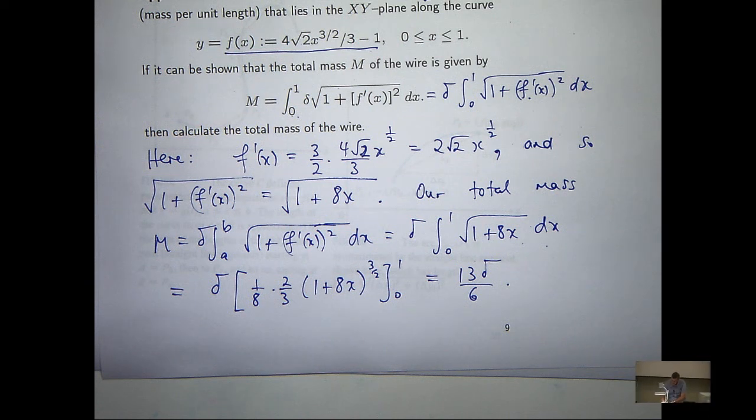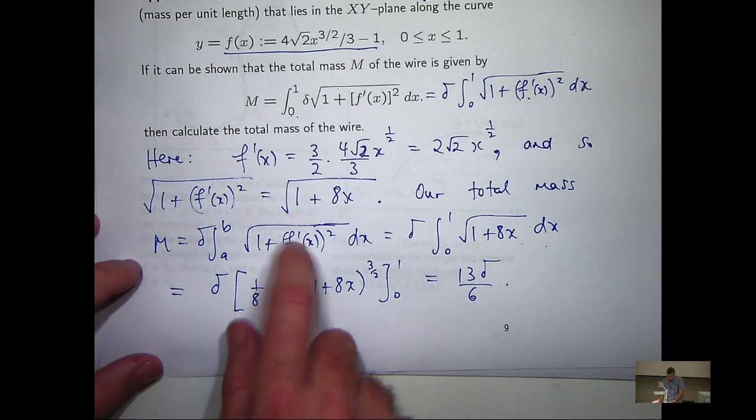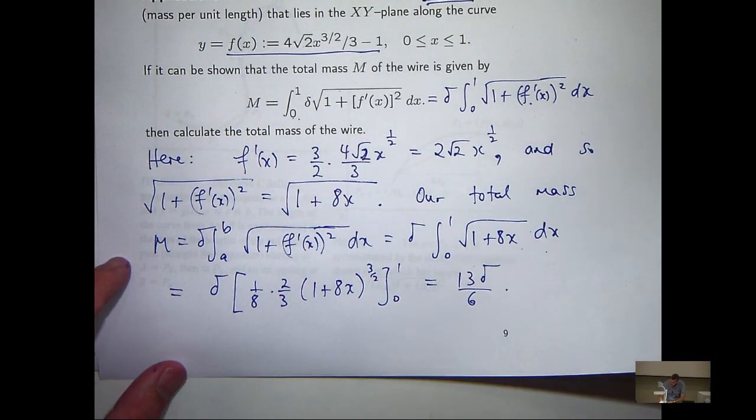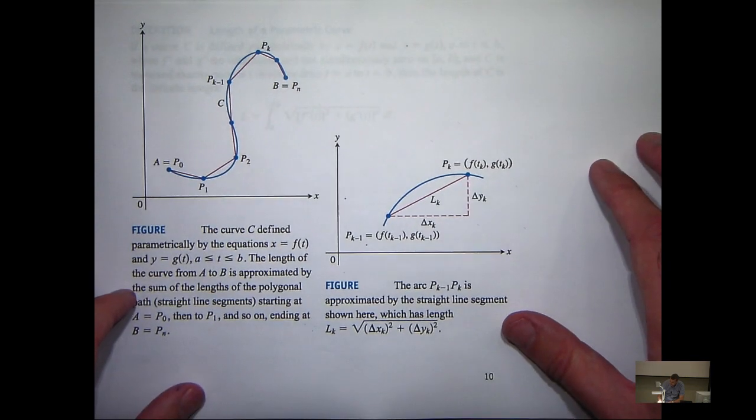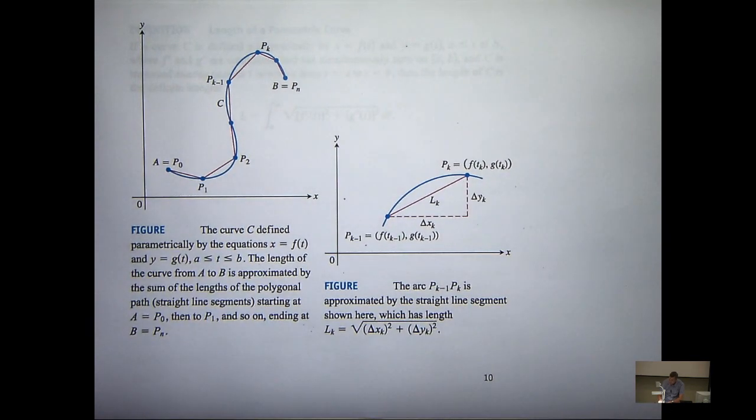All right, so it wasn't too hard to manage the square root sign away there, but they do get a little bit harder. Now, up until now, we've been using functions or curves of the form y equals f of x. In other words, they don't loop back on themselves.